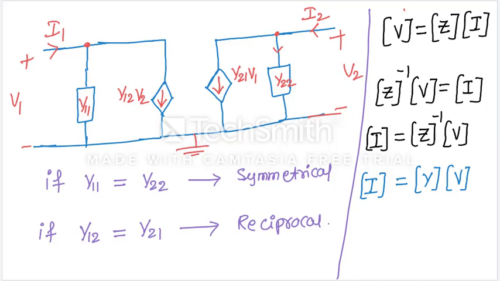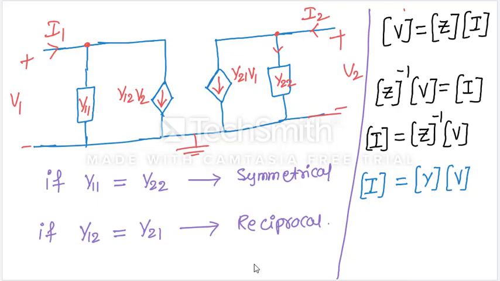Comparing these two equations, these two must be the same, so Y matrix equals Z inverse.